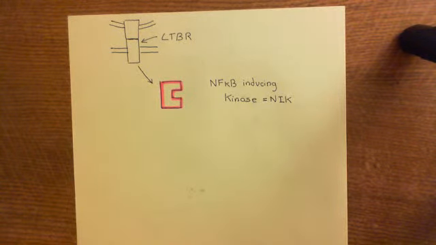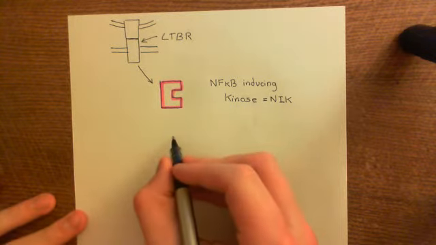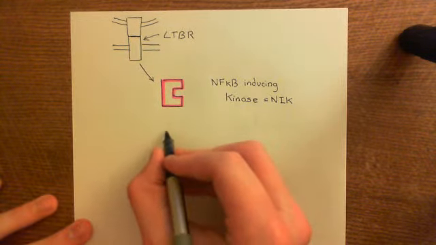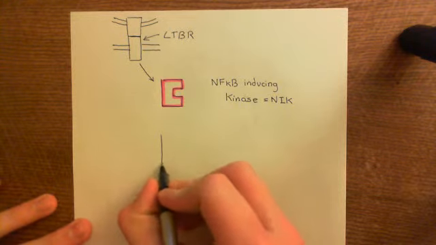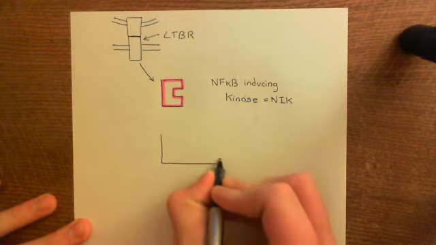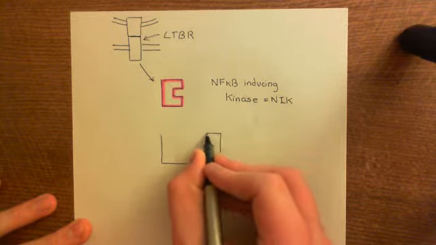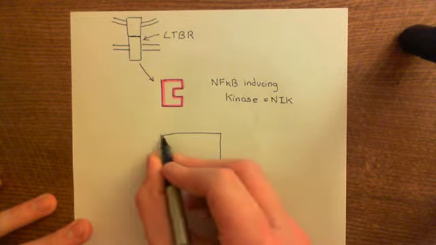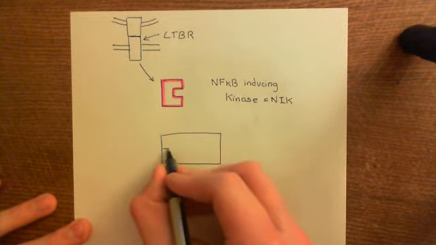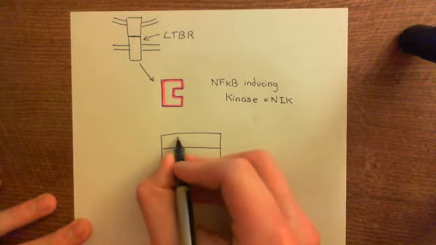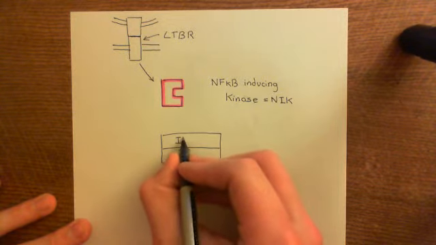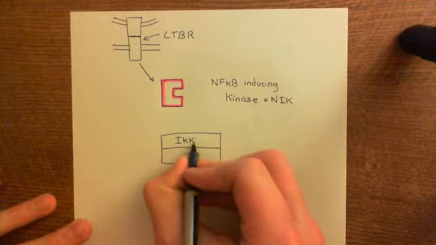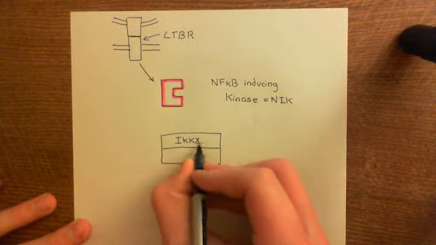Now, what does this enzyme do next? Well, again, it's going to act on the same enzyme complex as we saw in the canonical NF-kappa B pathway. Okay, so it's going to act on this complex involving the inhibitor of NF-kappa B kinase enzymes. So remember, this enzyme complex consisted of the inhibitor of NF-kappa B kinase gamma, okay, IKK gamma.